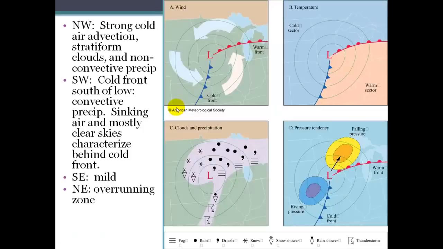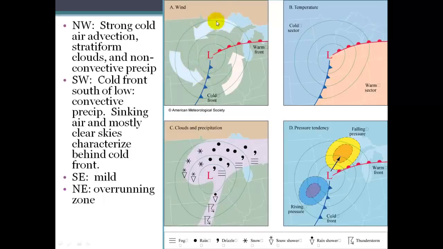Let's take a closer look at what's going on weather-wise in different portions of this mid-latitude cyclone. So we'll break it down into the 4 directions: northwest, southwest, southeast, and northeast, beginning with the northwest, which is this portion of the storm here. So this is our cold air.